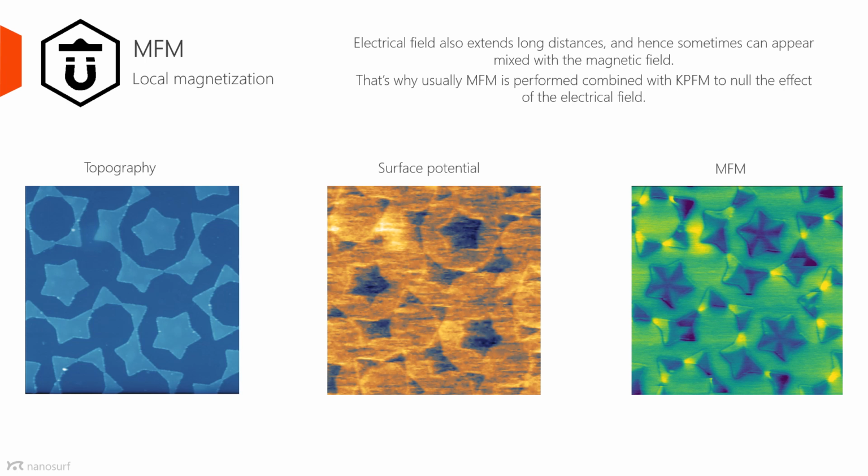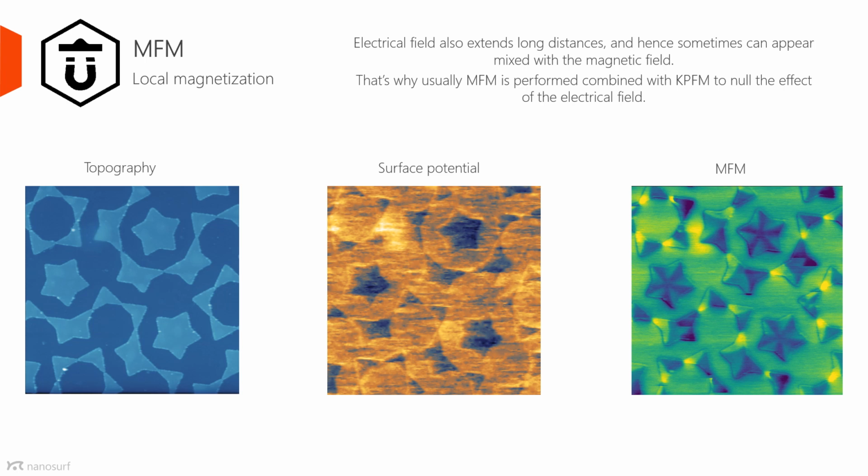The last thing to mention is that typically MFM is a technique that is combined with KPFM, because the presence of electrical fields can hide or can create artifacts in magnetic force images.